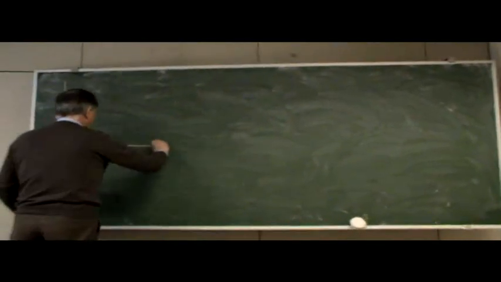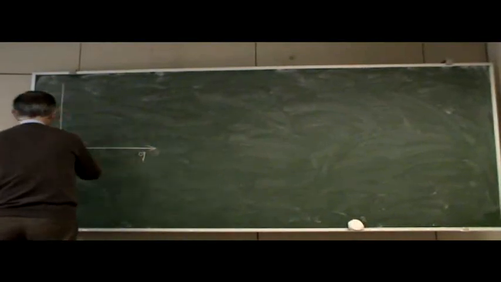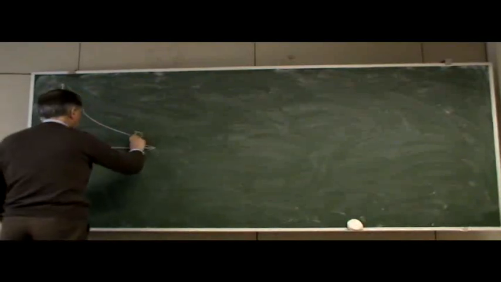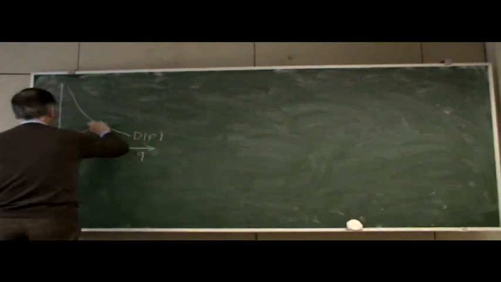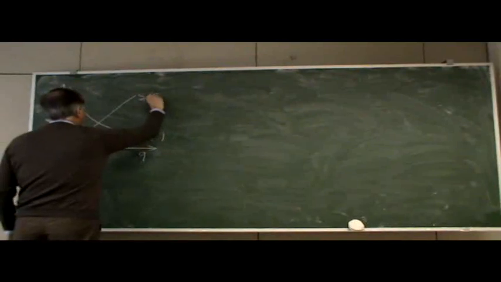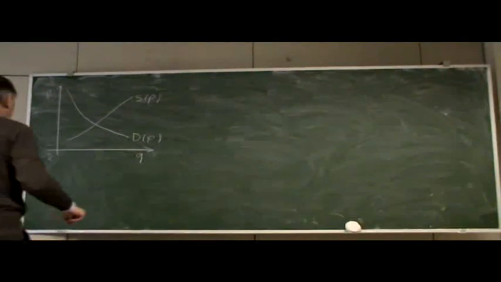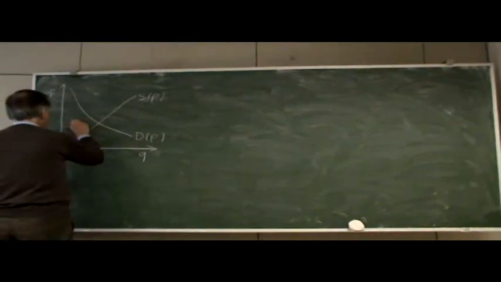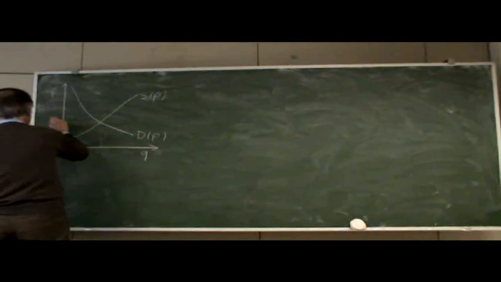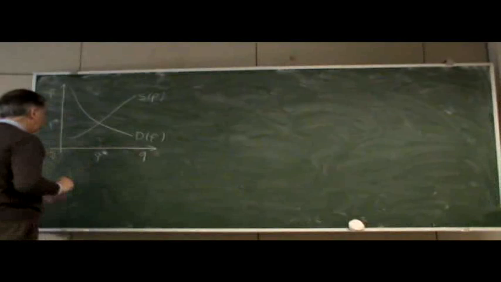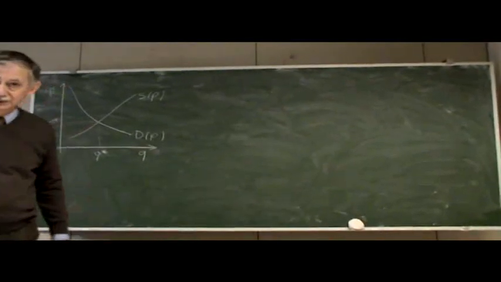You have a good, you trace the demand function and the supply function, D(p), S(p) as usual, and then you compute the equilibrium price, if it exists, of course, and the relative equilibrium quantity.